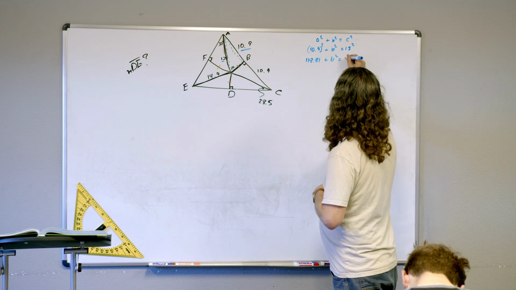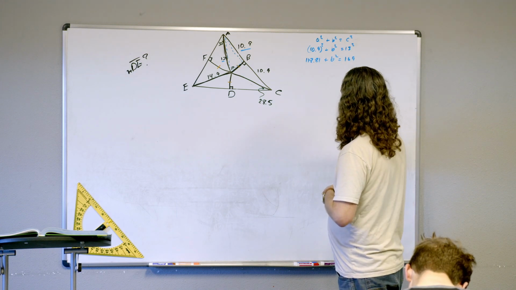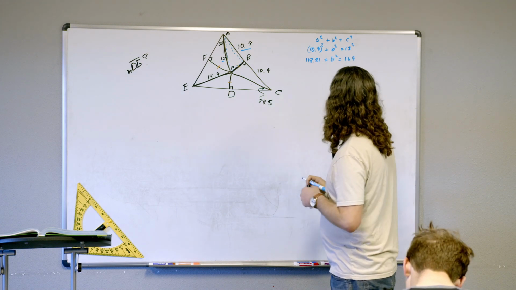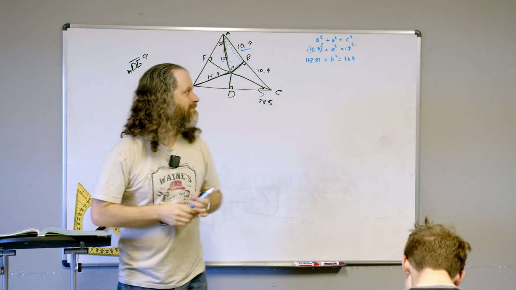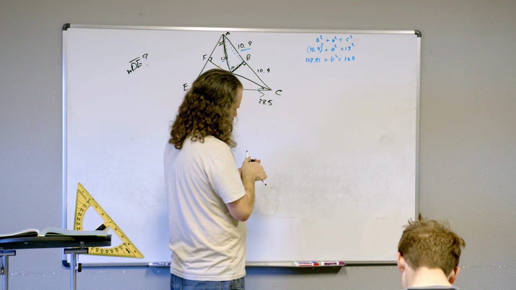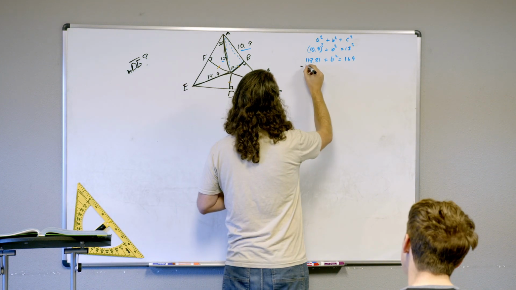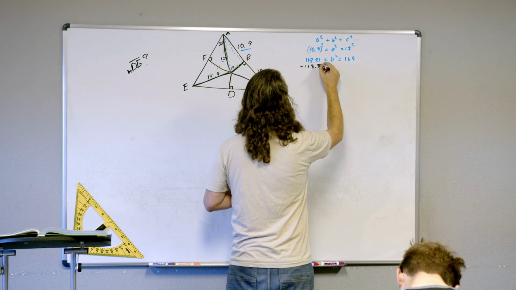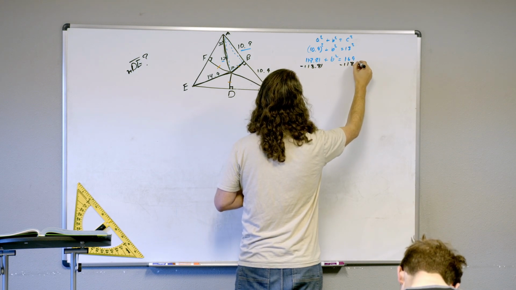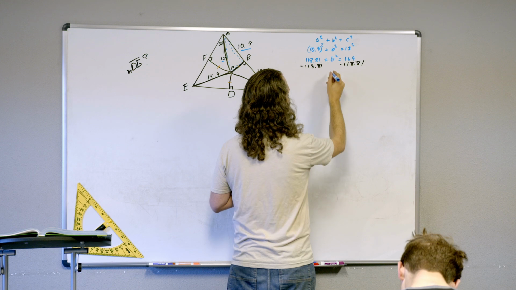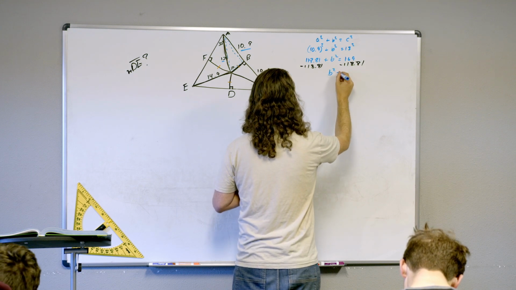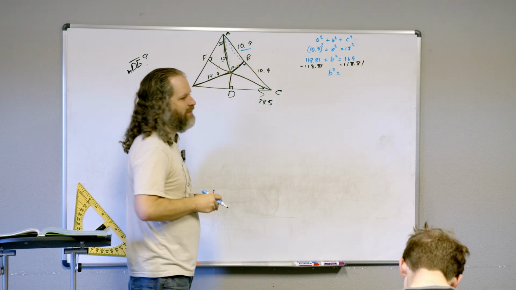169. Now what? You subtract. Great. 169 minus 118.81. So b squared equals what?